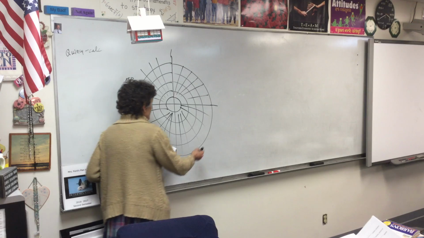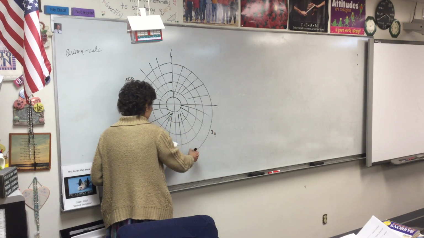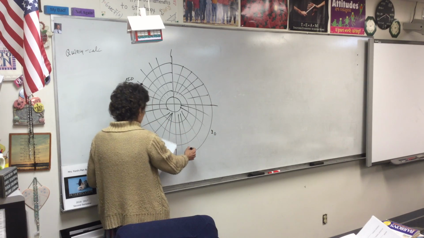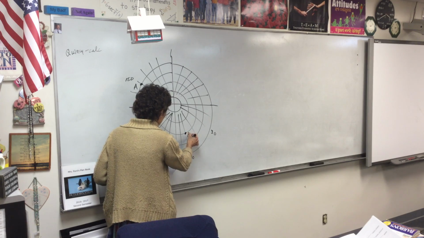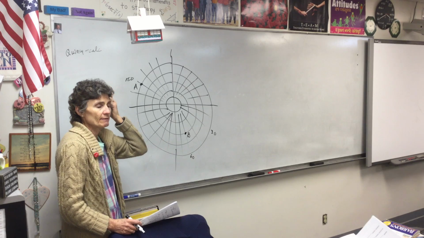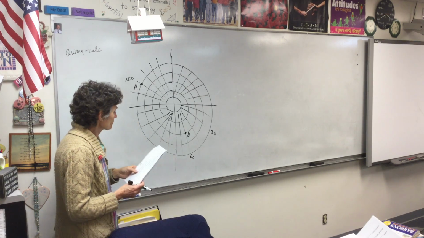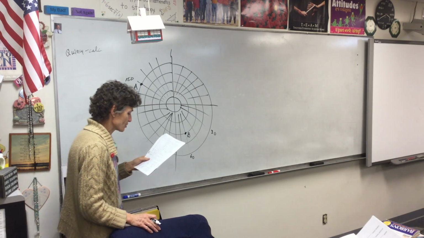Negative 60. So negative 60 is right here, negative going down. And it's a radius of 3. So right here is point B. On the negative 60 line, remember negative angles go down. 3 circles out.